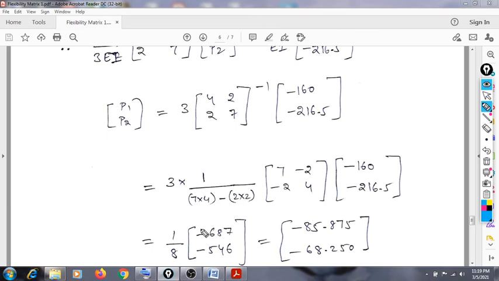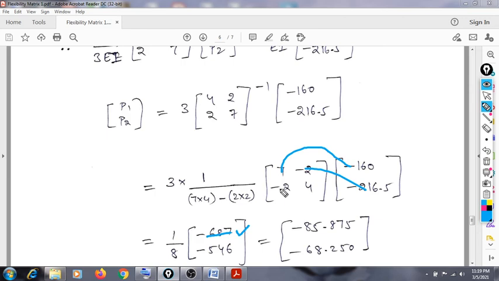After that, 1 by 8 into minus 687 and minus 546 will be the answer. How we are getting 687 and 546 is: 7 into minus 160 plus minus 2 into 216.5, which gives 687.